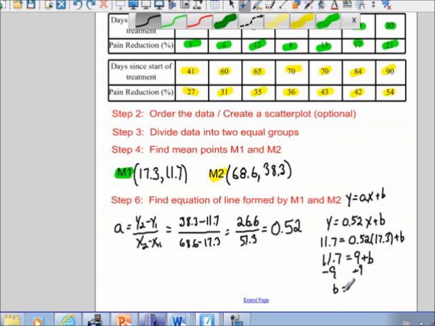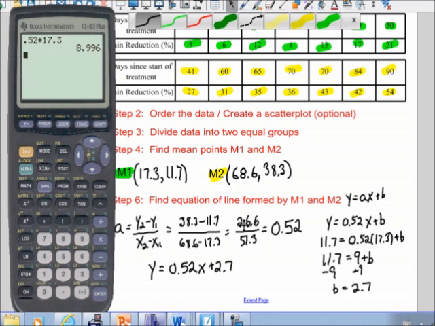And let's flip it around here. So b is going to be 2.7. So our regression line formula then will be y equals 0.52x plus 2.7. And that's usually a good idea. We can check it using our M2 point.